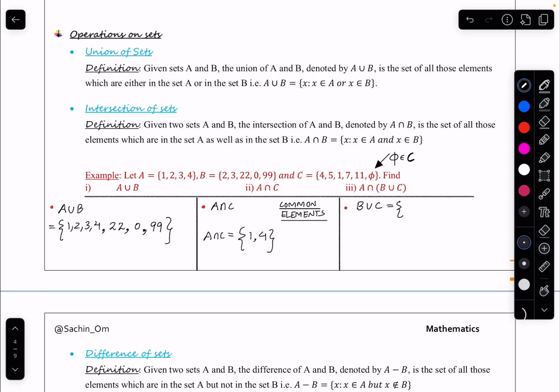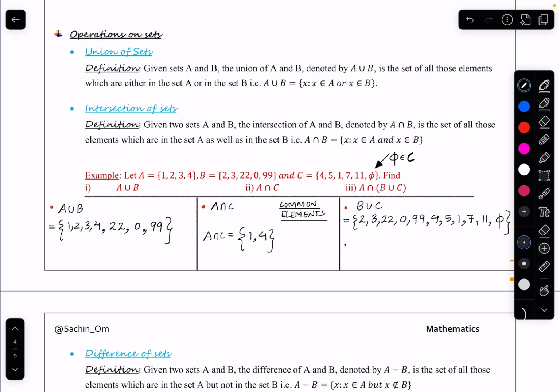B has 2, 3, 22, 0, 99. And then elements of C are 4, 5, 1, 7, 11, 5. So these are all the elements of B union C here.